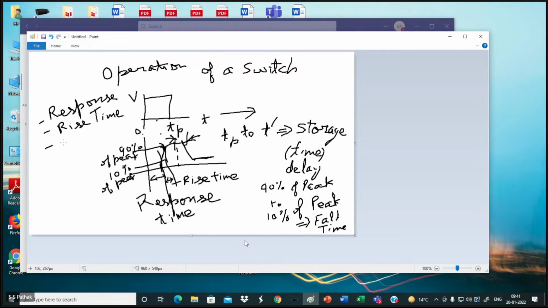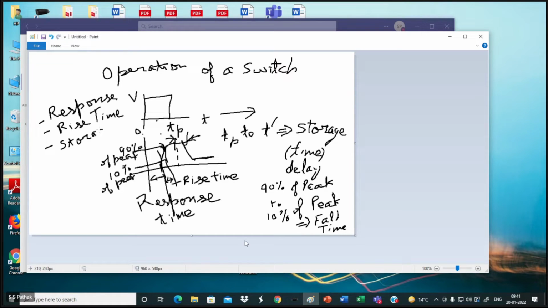Then I come to this storage time. See, between rise time and storage time, there is one TP also. That TP voltage shows that my pulse has gone. The input control pulse has gone. Okay, so that is no more.